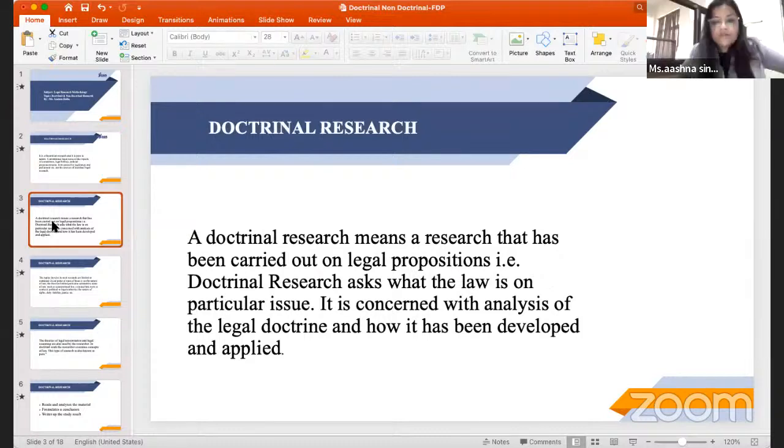So doctrinal research means research that has been carried out on legal propositions. It asks what the law is on a particular issue. It is concerned with analysis of the legal doctrine and how it has been developed and applied.